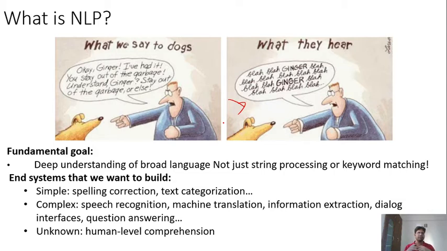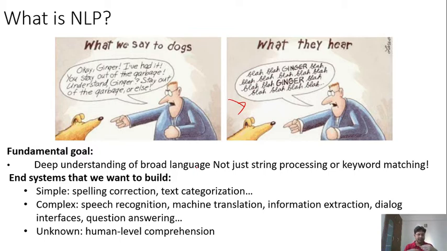Some random dog, you start talking, and whatever you say, it will not understand. It just understands blah blah blah. Nothing else. It is the same thing. If your system is not trained to understand languages, then how will you connect with it? So the fundamental goal is to understand the language, to understand the words specifically.